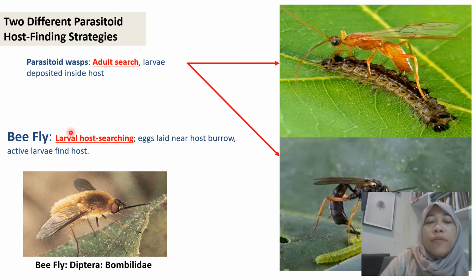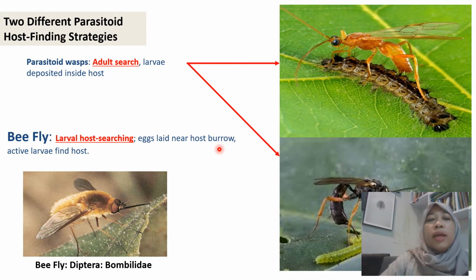But in larva host searching, the host is not visible to the parasitoid. For example, like I told you before, the stem borer, a penggerak batang. The stem borer lives inside the stem of the plant, so it's not visible to the parasitoid. It's hard for the parasitoid to find the host.